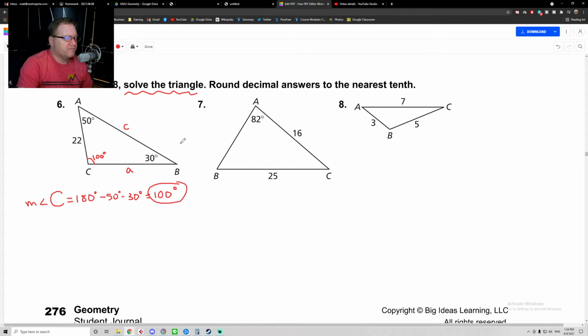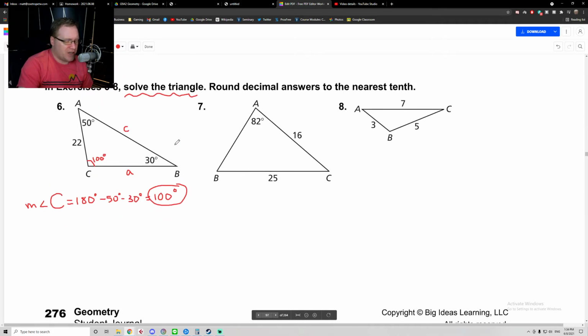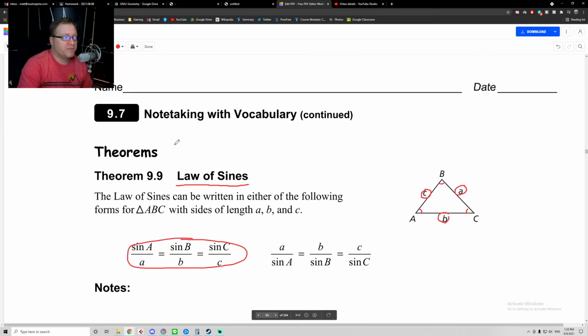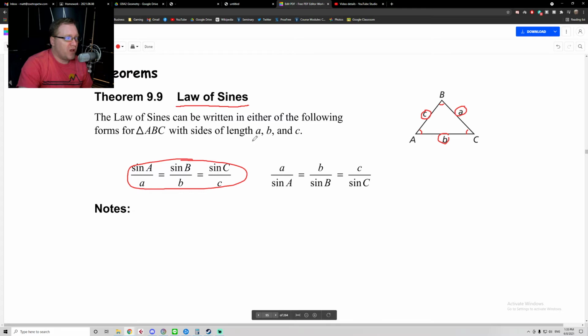How can we do that? Well, I'm going to scroll quickly up to the law of sines again. What the law of sines tells us is that if we know one pair of opposite parts of a triangle, for example, if I know angle A and side A, then I can divide those and find the ratio of the other angles and sides.